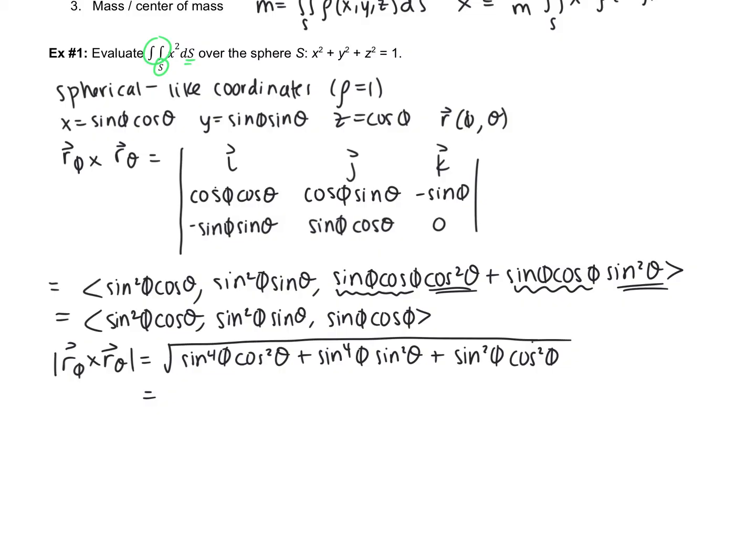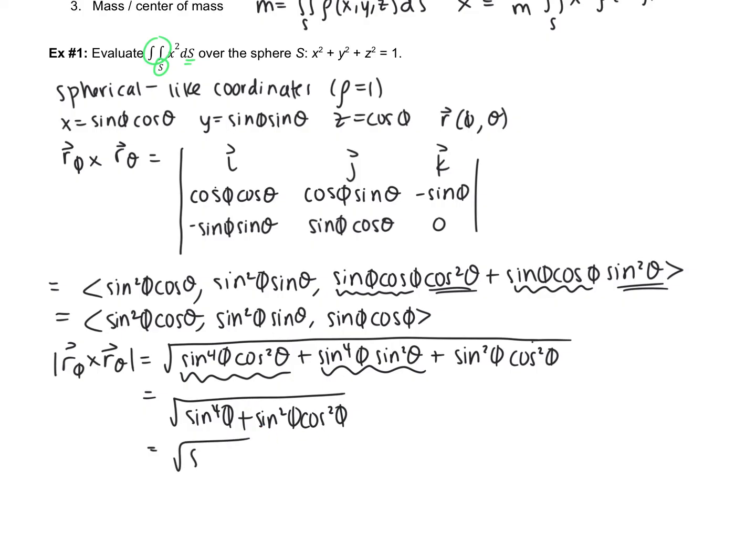Again, here we have cosine squared plus sine squared. So that gives us just sine to the fourth of phi. And then we have sine squared of phi cosine squared of phi. Hopefully we can see if we factor out a sine squared of phi, we're going to end up with sine squared plus cosine squared again. So this is really just the square root of sine squared of phi, which is just sine of phi.